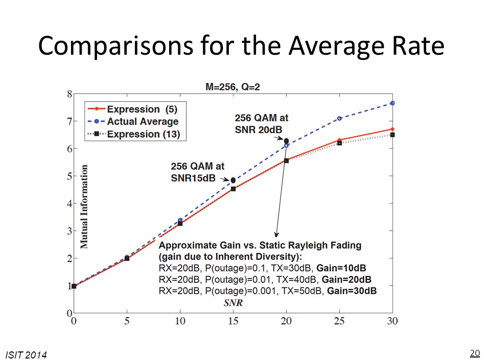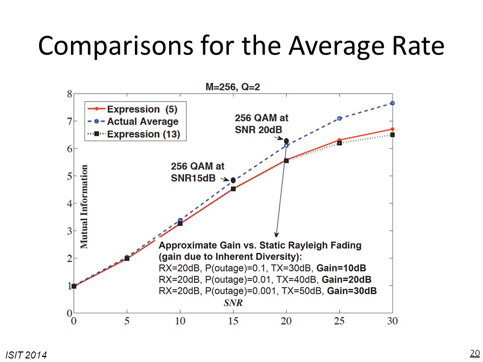The dashed blue curve corresponds to generating a lot of different constellations randomly, computing the mutual information corresponding to each of them, and averaging. As you see, the average for an SNR of 15 is almost indistinguishable from the mutual information corresponding to 256 QAM, and for the case of 20 dB it is only marginally lower.